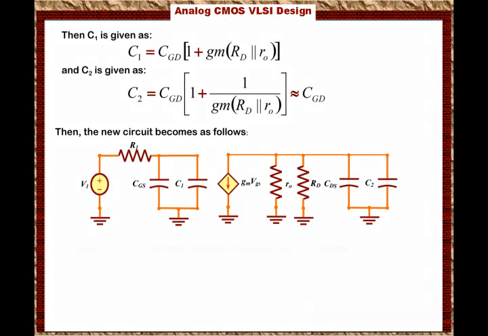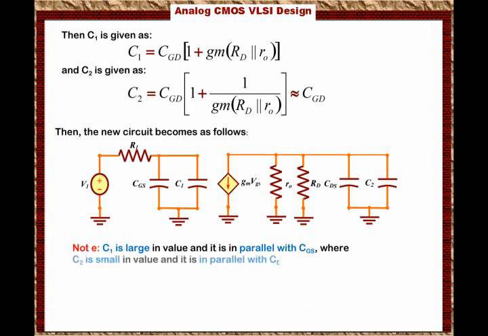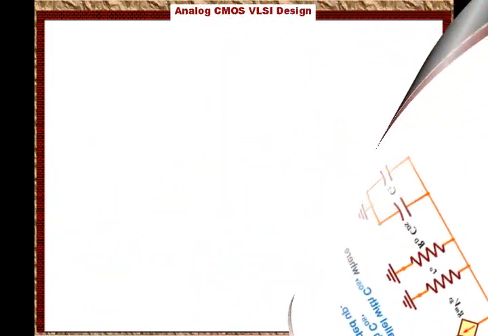Let's state this note one more time. C1 is large in value, and it is in parallel with CGS, whereas C2 is small in value, and it is in parallel with CDS. We know that capacitors in parallel are added up, so I can combine CGS and C1 into one equivalent capacitance, and I can combine CDS and C2 into one equivalent capacitance.